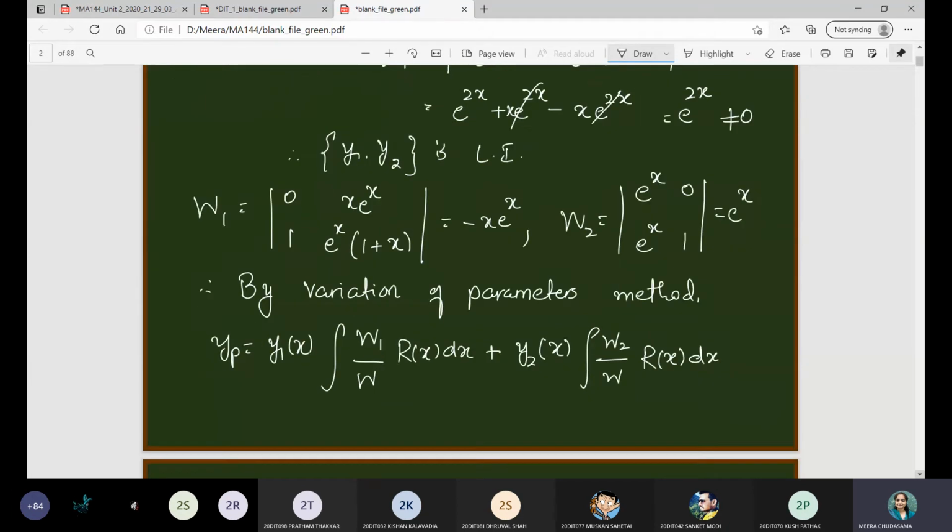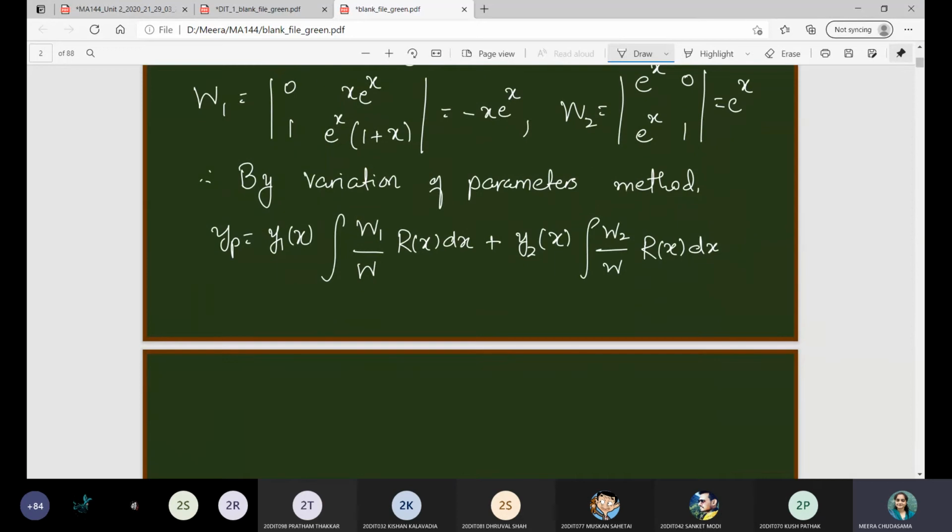Has anyone got the solution? Yes, ma'am. yp, what is it? e raised to x, x square by 4 plus, just wait, I will write it over here. e raised to x into x square by 4 plus e raised to x into x square into log x by 2 minus x e raised to x log x.